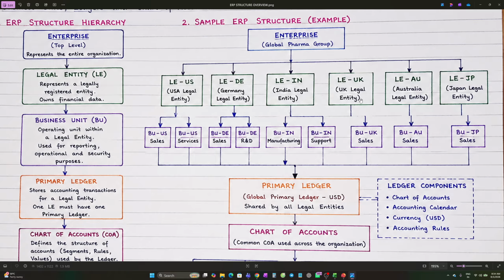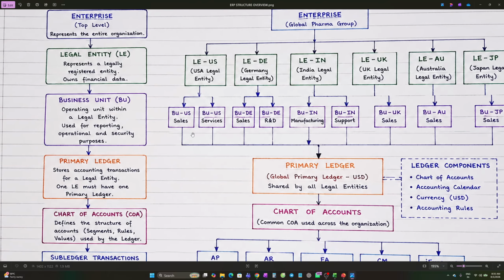For UK we have Sales, and for Australia we have Sales only. Because the volume of transactions in UK, Australia and Japan is very small, that is the reason we maintain only one business unit. Here the volume of transactions is very huge, and this is the reason we maintain two business units.